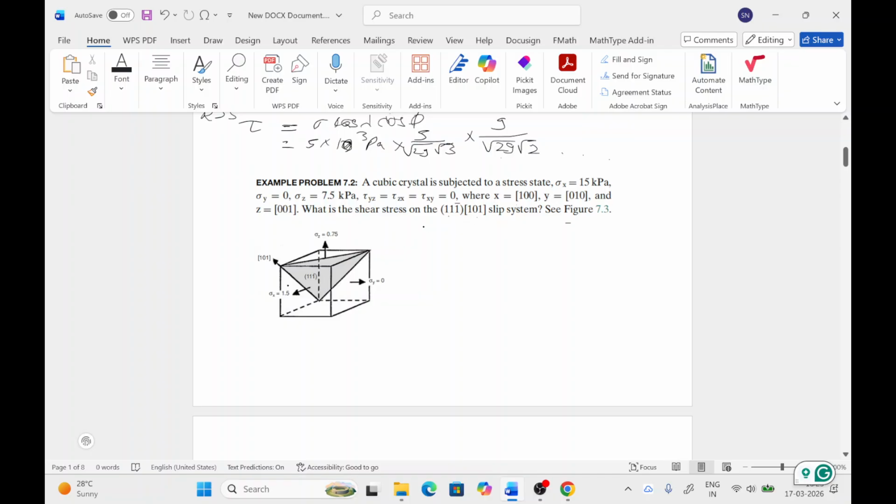So for the x direction, as the loading axis we have 100, and the slip system we have 11 bar 1 and 101. This is the slip plane and this is the loading axis. So we can calculate first the Schmidt factor, cos phi and cos lambda.